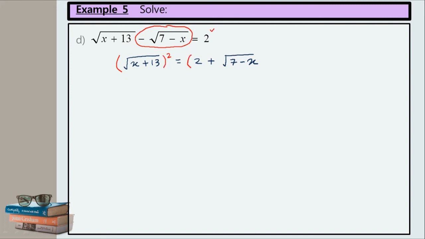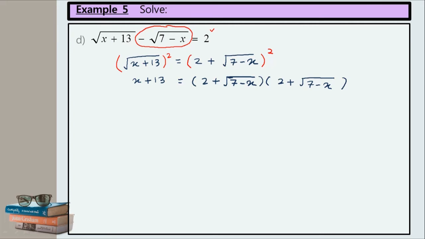Square and the whole thing square. Okay. So on the left hand side, since we have √ squared, straight away we will get x plus 13 equal to 2 plus √(7 minus x) and 2 plus √(7 minus x). Okay. Refer to example 5C. Okay.